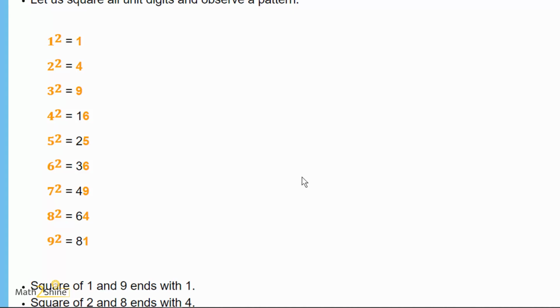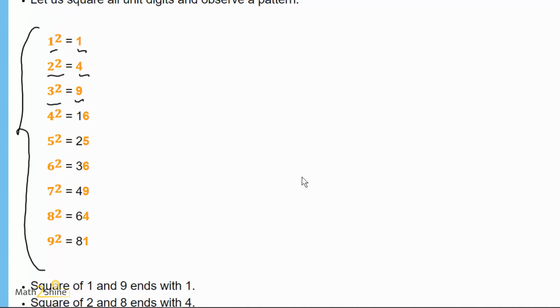Here we are listing all the squares from the number 1 to 9. Say for example, square of 1 is 1, square of 2 is 4, square of 3 is 9, etc. If you look at the pattern here, the last digit is having a pattern.